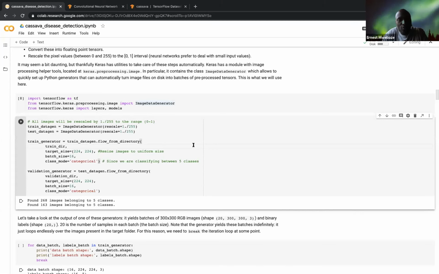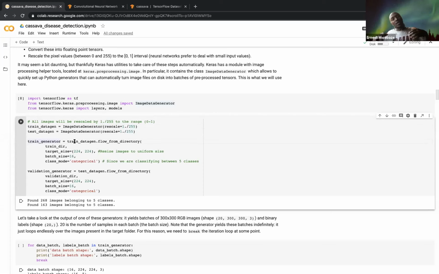Later on, we'll see how to use other things. We want to generate data from folders of images. The only way you have to prepare your images is to put different classes of images in different folders. Then you can use this image data generator to extract all these images into a format that can be computed against. You want to rescale, which is converting to the range of 0 to 1.